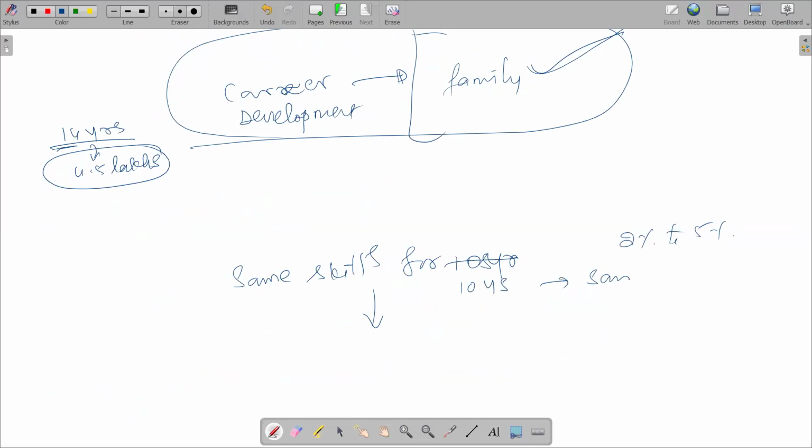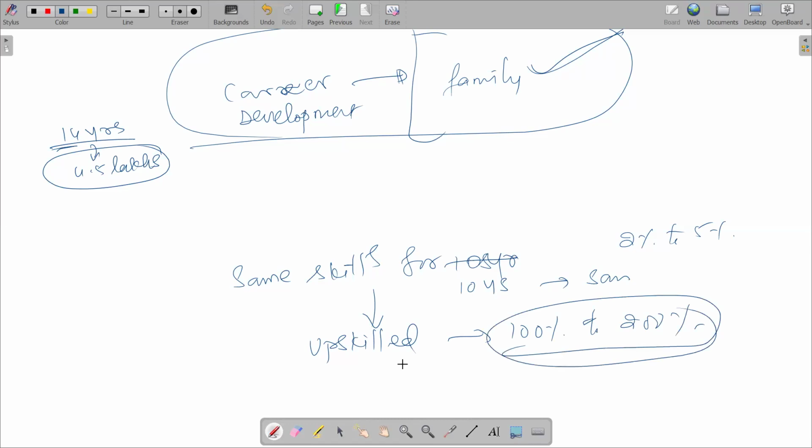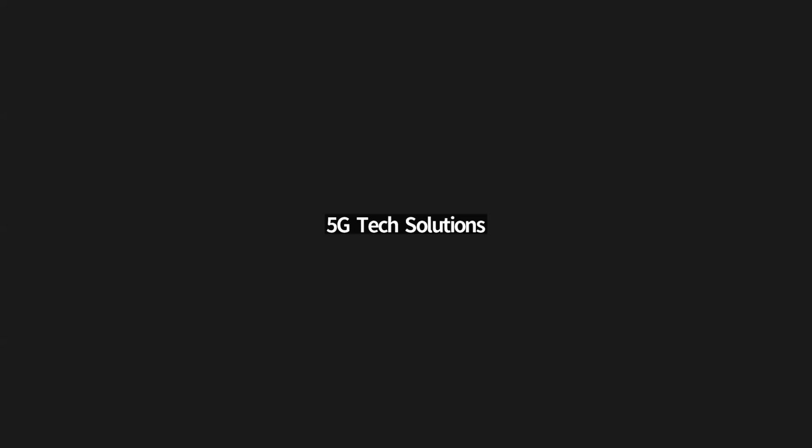But people who upskill themselves move to a 100 to 200% hike in their life. Now they are enjoying. You might also know people around you who got very good packages. So we want to teach these kinds of things in career development: how can you craft your life?